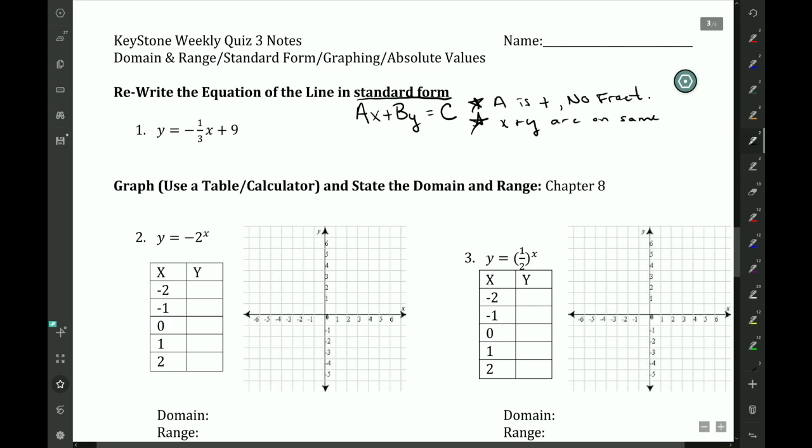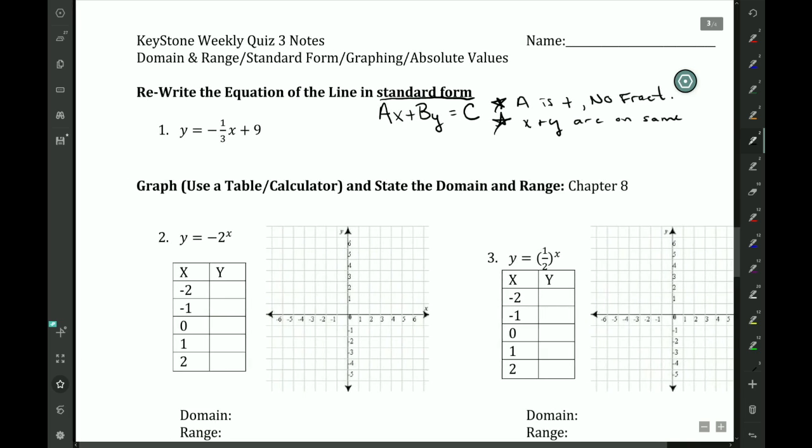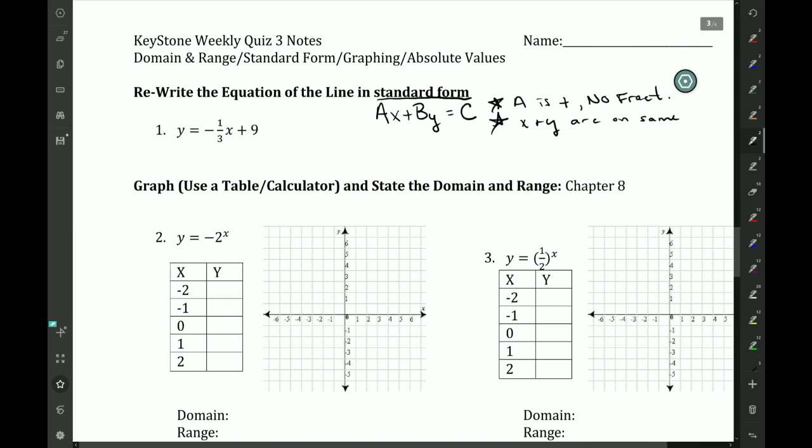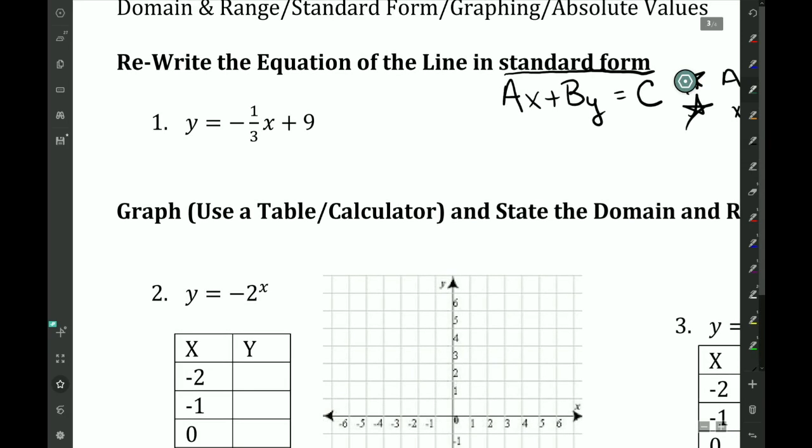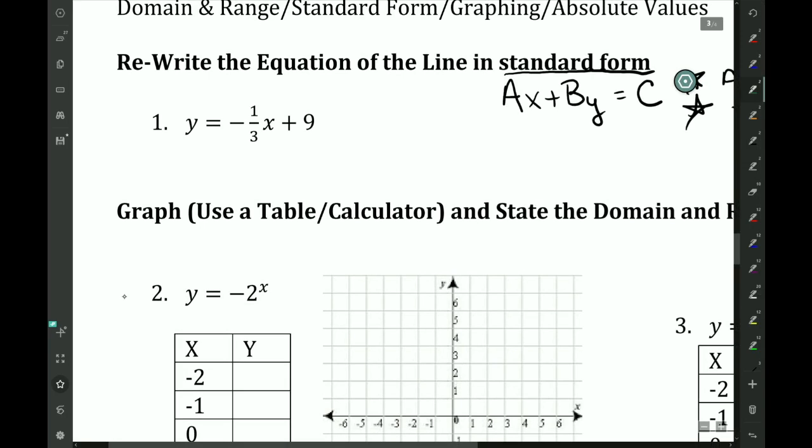So simply put here, one thing you can do to get rid of the fraction right away, so we don't want any fractions in here, is knock it out right away. And by doing that, it'll help you. So we see a denominator of 3. What we can do is just multiply everything, kind of scale everything by that denominator of 3.